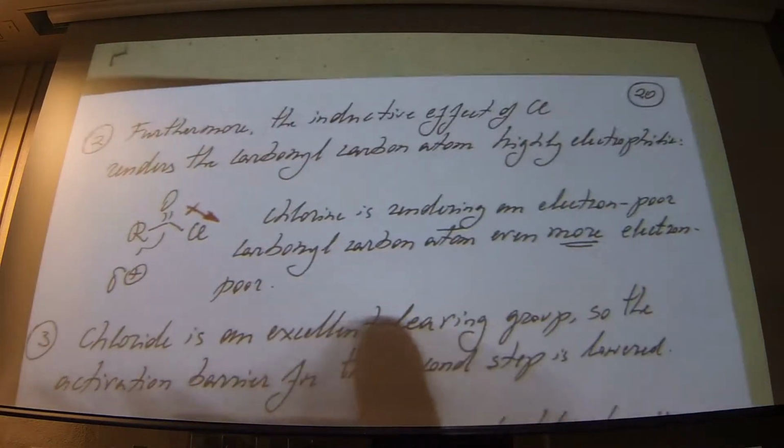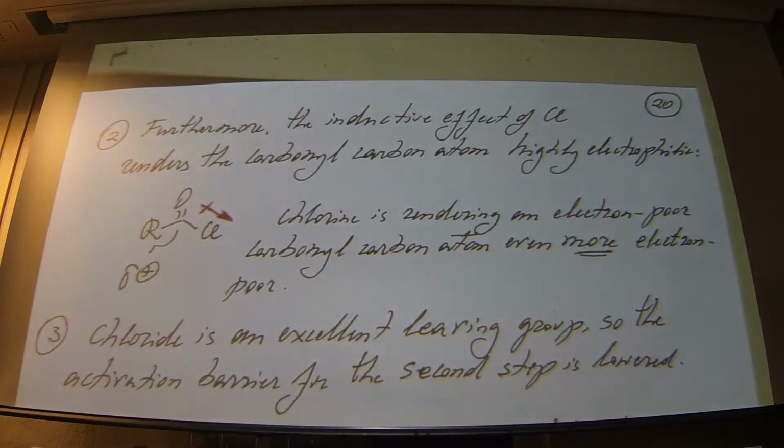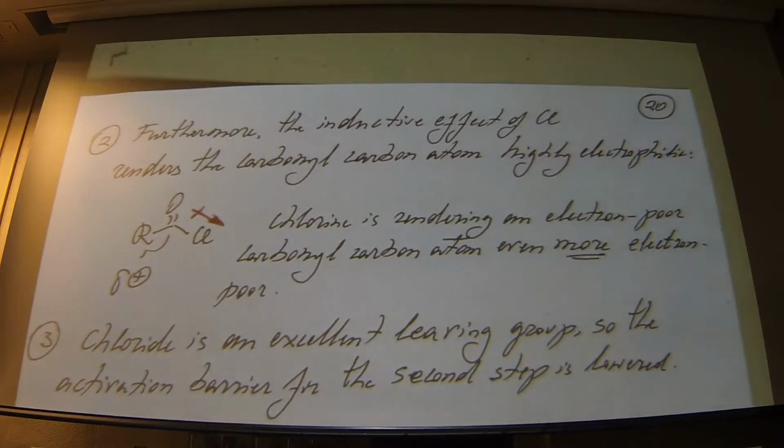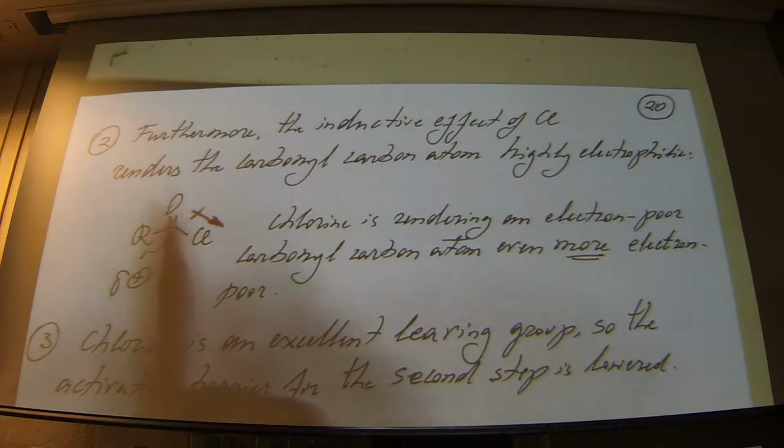Furthermore, the starting material for the acid chloride is destabilized by the electron-withdrawing effect of chlorine. Chlorine is already pulling electron density away from a positively charged carbon atom. And so for these reasons, this carbonyl is reactive.